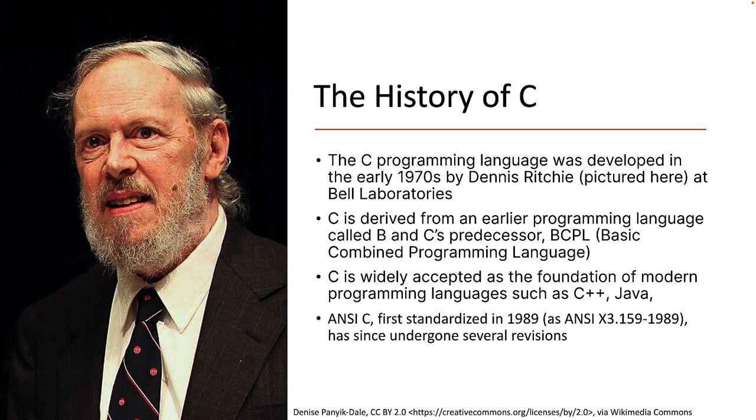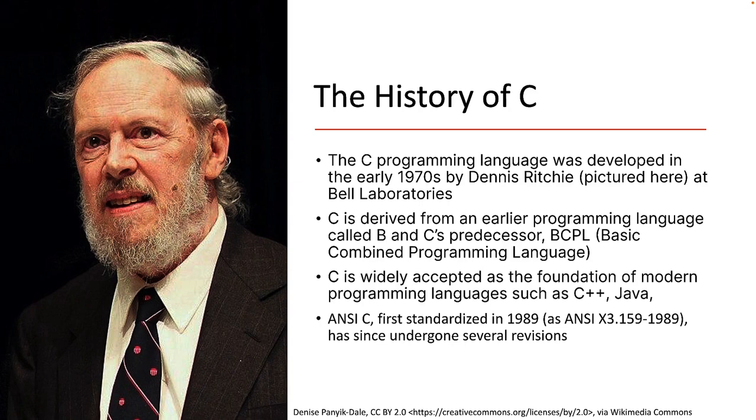C is widely accepted as the foundation of modern programming languages, such as C++, Java, C#, you name it. Really, the standard for most modern programming languages was provided by the C language and the techniques that were used in the 70s, 80s, and 90s as C matured.